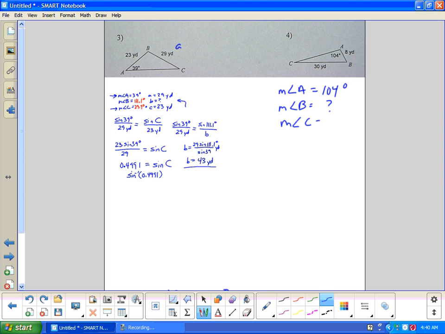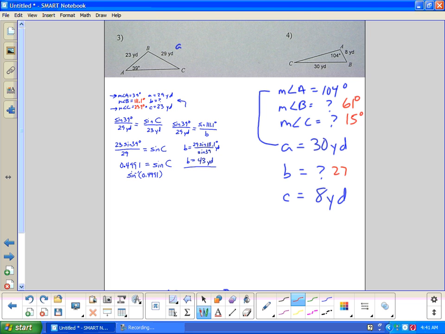Measurement of C is an unknown. They give you little a is 30 yards. That's our pair, across from each other. And they give you b is an unknown, and little c is 8 yards. You should be able to run the math and find that B is 61 degrees, C is 15. You should get little b as 27 yards. Again, this is practicing with law of sines.